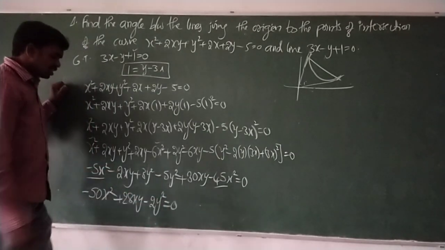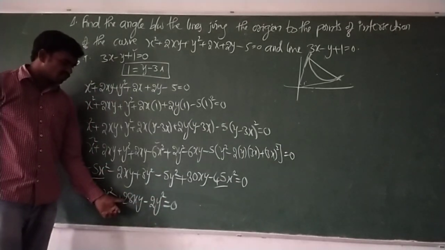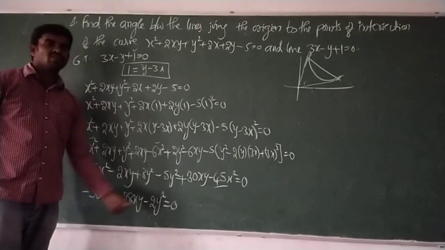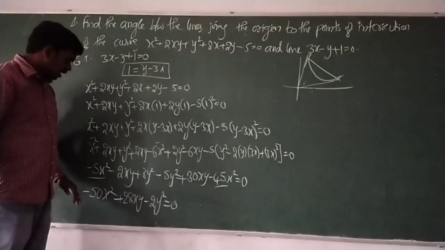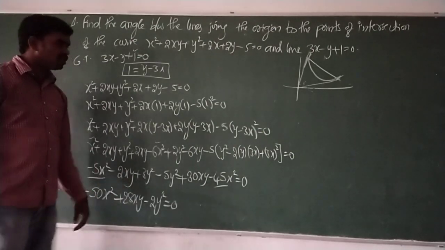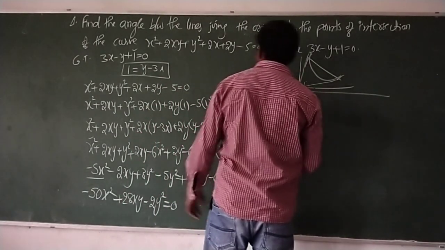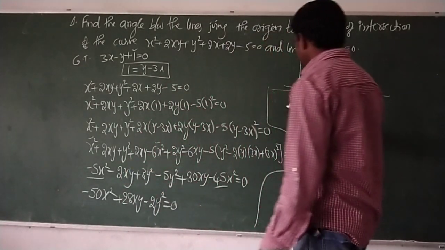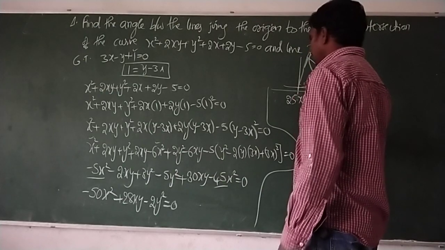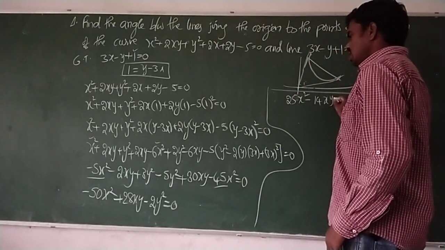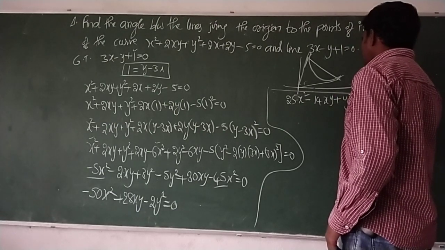So this is the ax square plus 2hxy plus by square equal to 0 model. We got it. And moreover, minus 2 we can take out common to reduce the given equation. So after taking minus 2 common, what are we getting? Yes, very good: 25x square minus 14xy plus 1y square equal to 0.